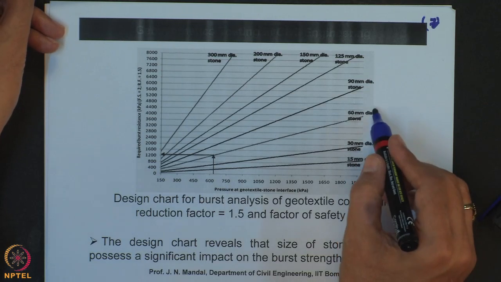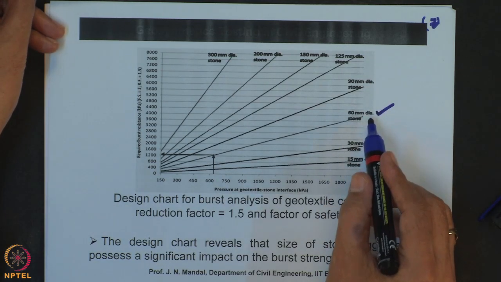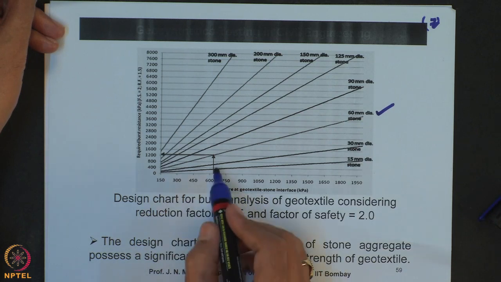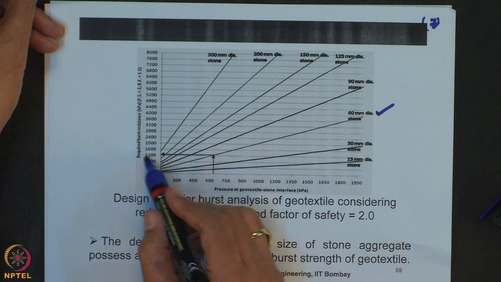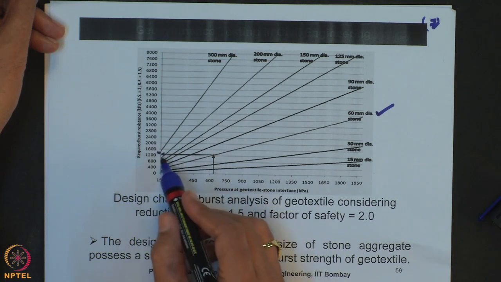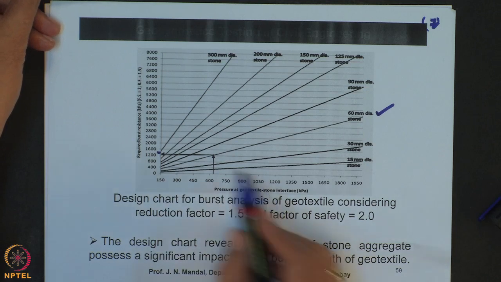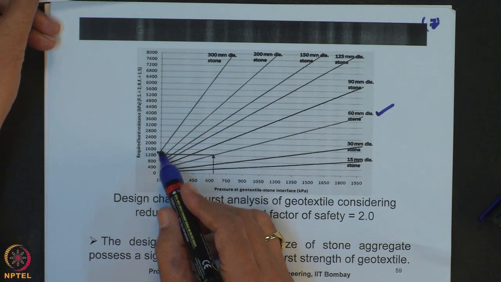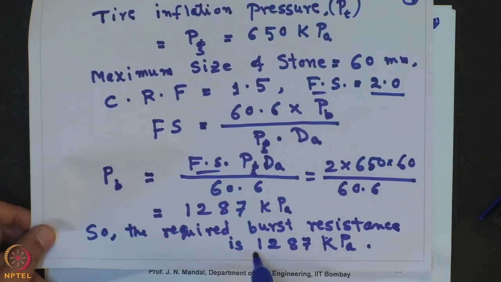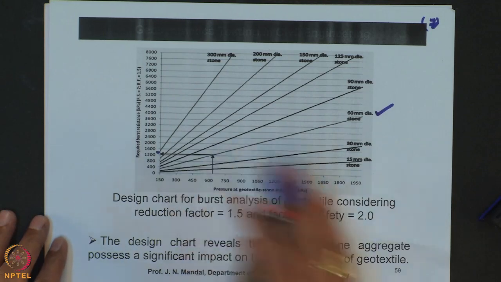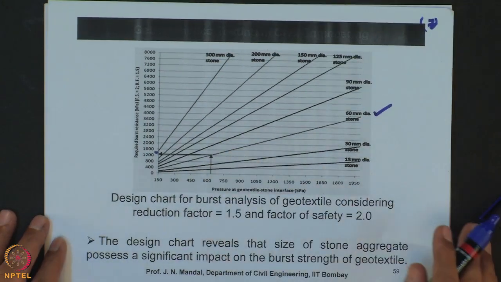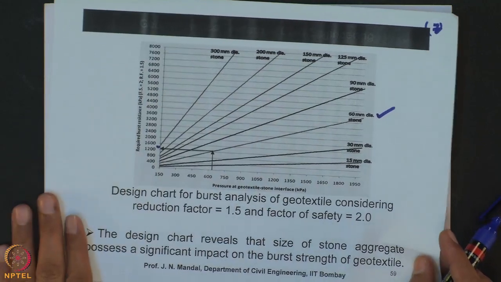Knowing the pressure on the geotextile 650, stone diameter 60, you can determine the required burst resistance. So, the required burst resistance is about 1287 kilopascal. So, from this design chart for burst analysis of geotextile, we can make use of this design chart for the determination of required burst strength of geotextile material.